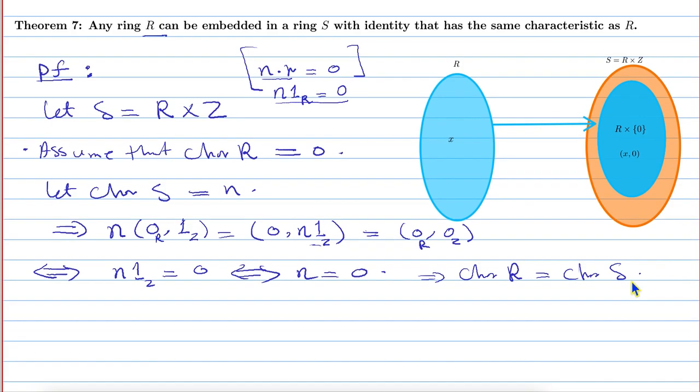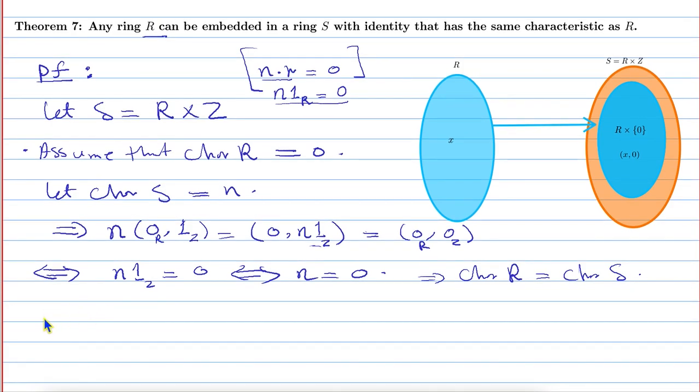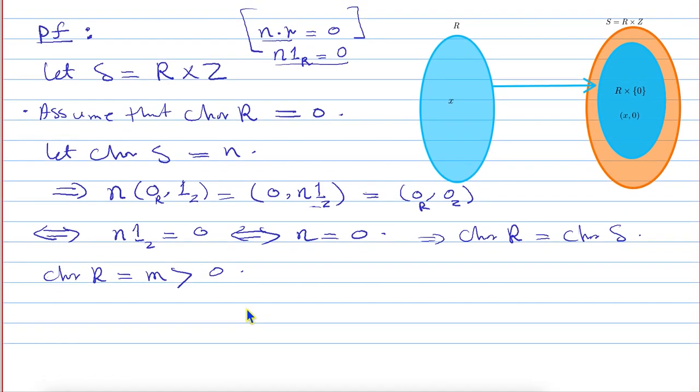Now assume that characteristic of R equals M, which is an integer greater than 0. Now this implies that M times (0, 1Z) equals (0, M 1Z).